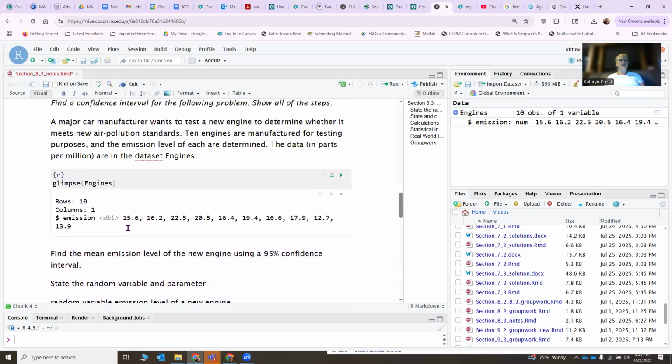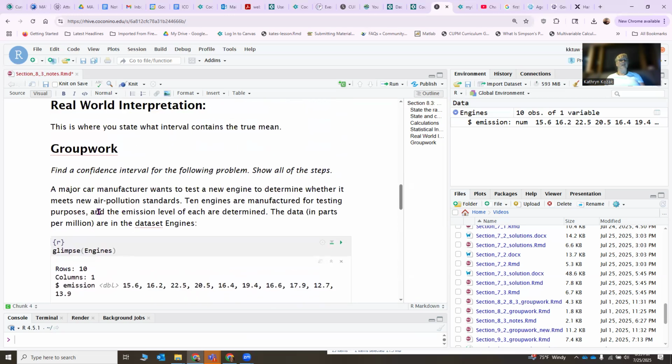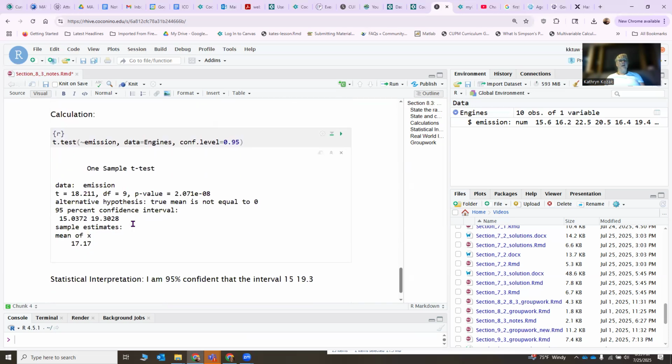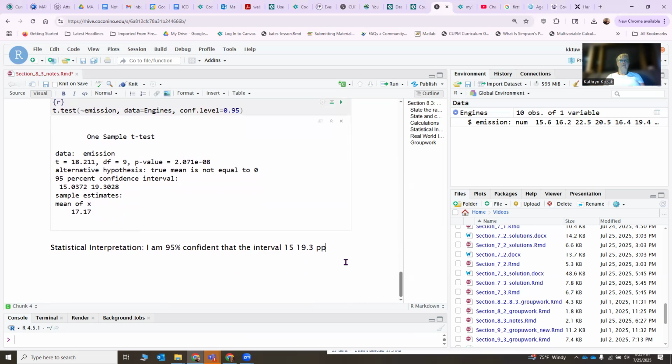I can't remember the units, so let's go up and look at this. Oh, parts per million. So ppm contains the true mean emission level of the new engine.